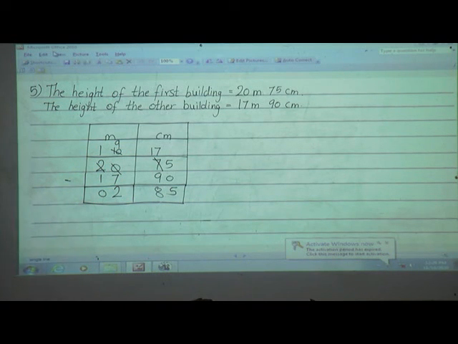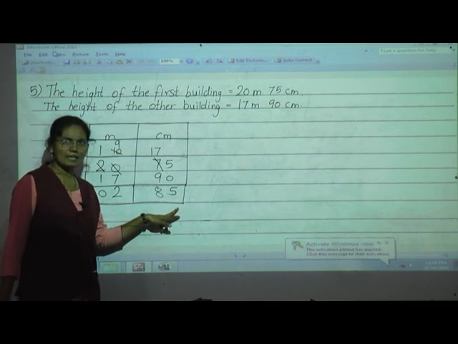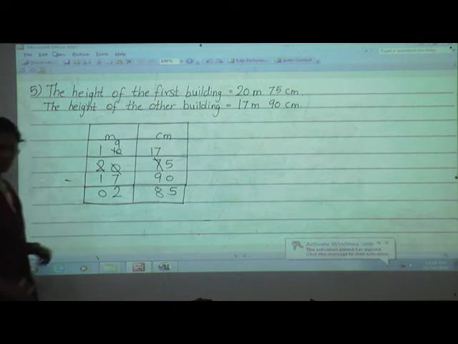So what is the difference between the two buildings? Yes, the difference is 2 meter 85 centimeter. So at the end you have to write the answer in a sentence, that is, the difference between the heights of the two buildings is 2 meter 85 centimeter. Understood? Okay.